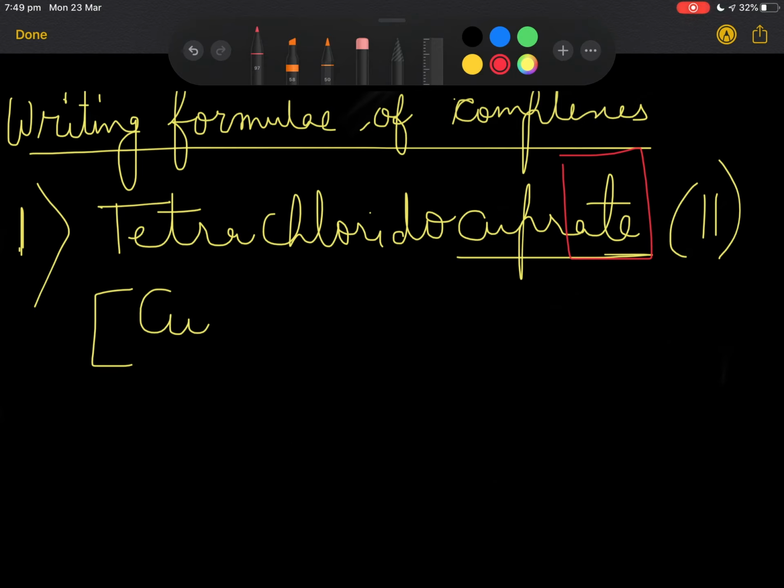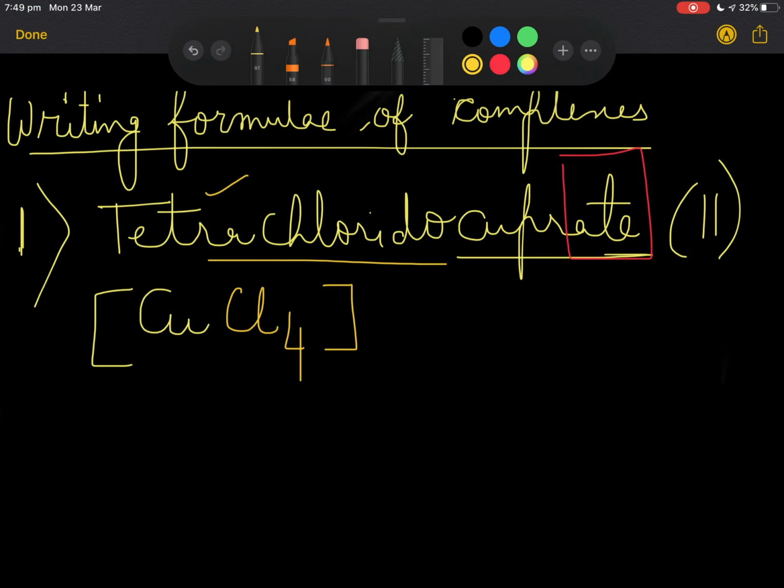In other words, it's an anionic complex. So we also get to know about this. Now what's the ligand over here? Chlorido, and it's tetra. Tetra means 4. So I'm going to use Cl4. When I use the Cl4, again I have to close the square bracket.